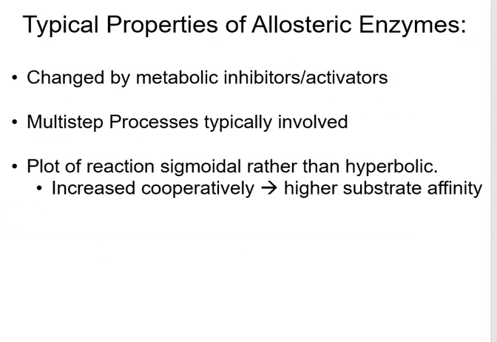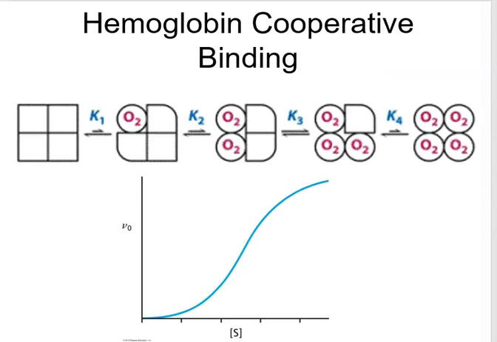A lot of allosteric enzymes are modified by normal metabolic inhibitors and activators. So you can have allosteric components that inhibit and activate it, making it more effective and more efficient as well. A lot of times these work as more sigmoidal curves rather than hyperbolic.